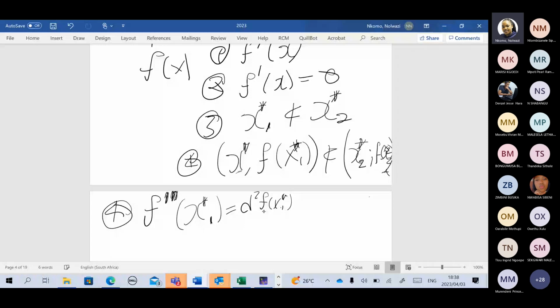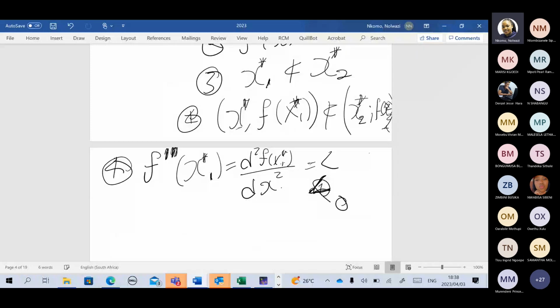If your result is less than 0, if after substituting x star 1 into your second derivative the result you obtain is less than 0, then you will say that the point x star 1 is a maximum point.